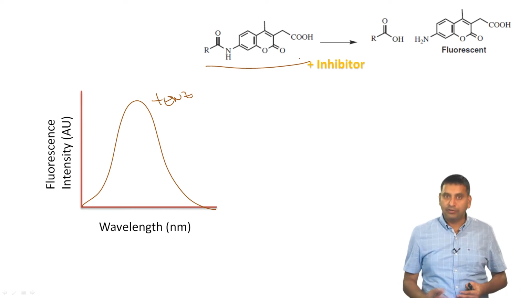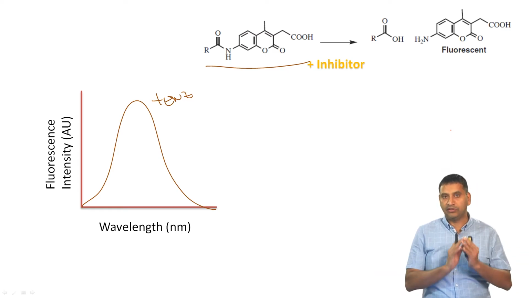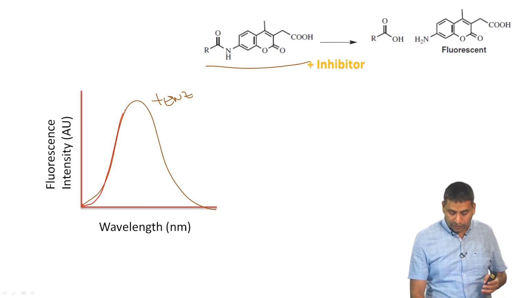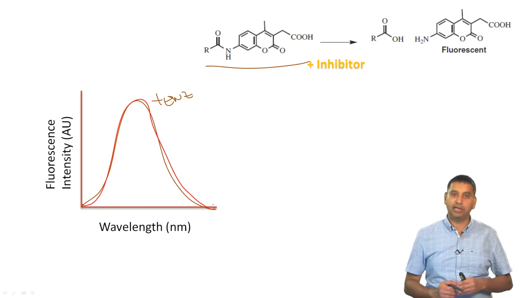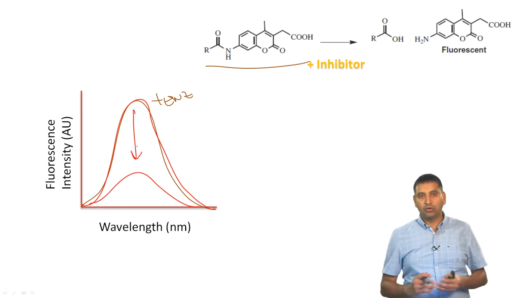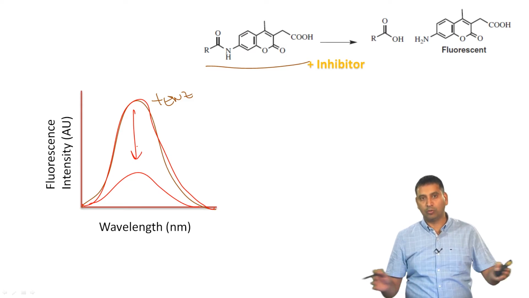Let us say we look at a case where the inhibitor has no efficacy, that means there is no effect on this fluorescence change, then you will see a nearly identical fluorescence profile. But if you have an inhibitor which actually inhibits the enzyme, then you will see a decrease in fluorescence intensity. This could be one of the ways in which you can screen for inhibitors in a high throughput manner.